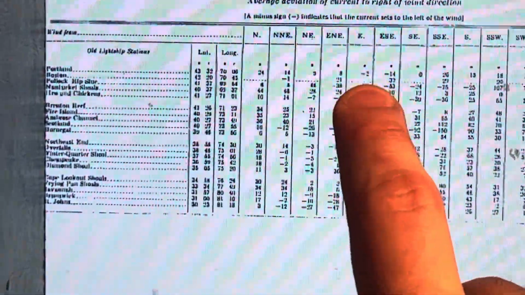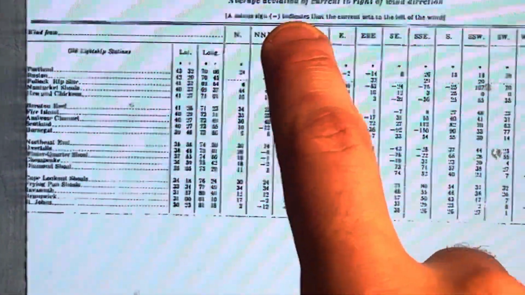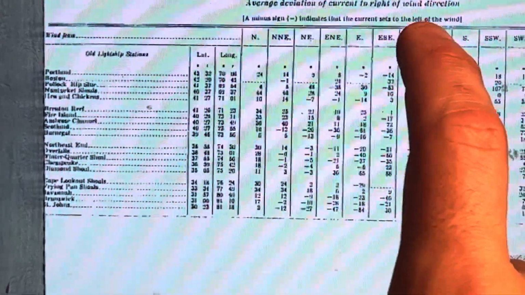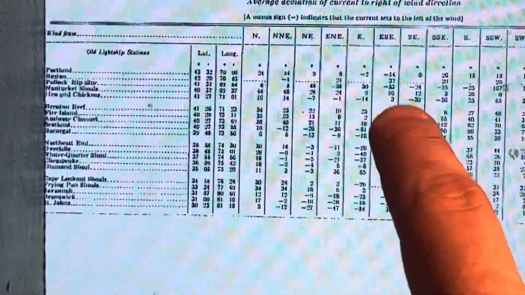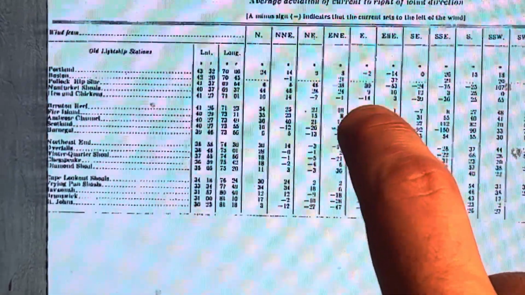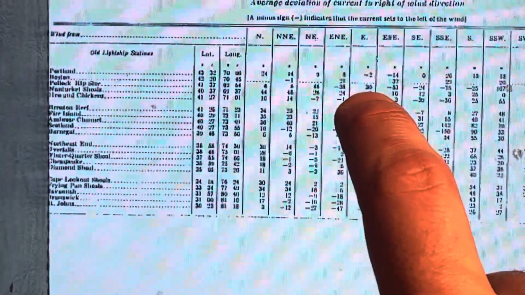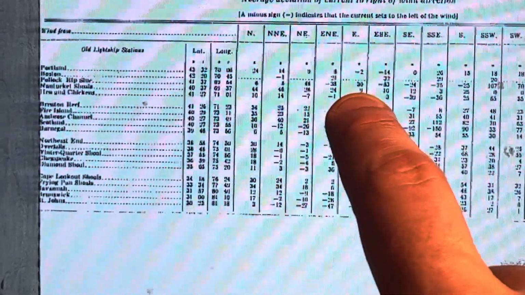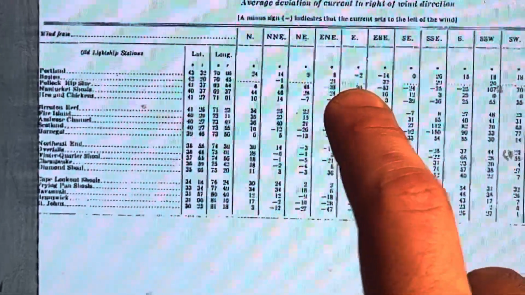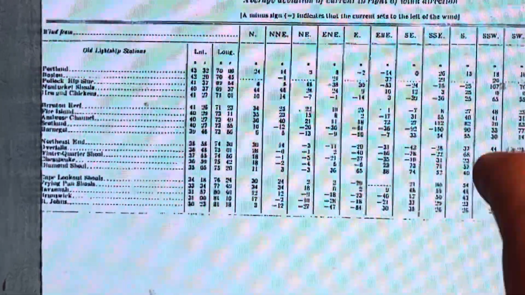So anytime it's negative, like it says here, a negative number indicates the direction is a little bit to the left, so you would subtract 2 degrees. Here in Boston, if it was 090, you would add 30 degrees to the direction of the current, and so on and so forth.